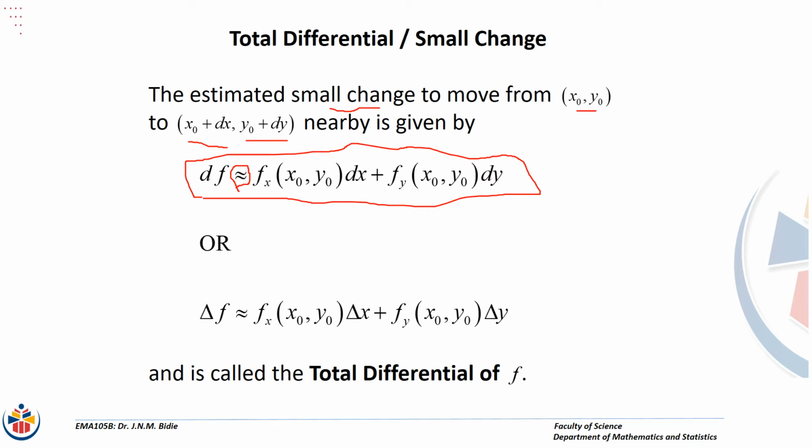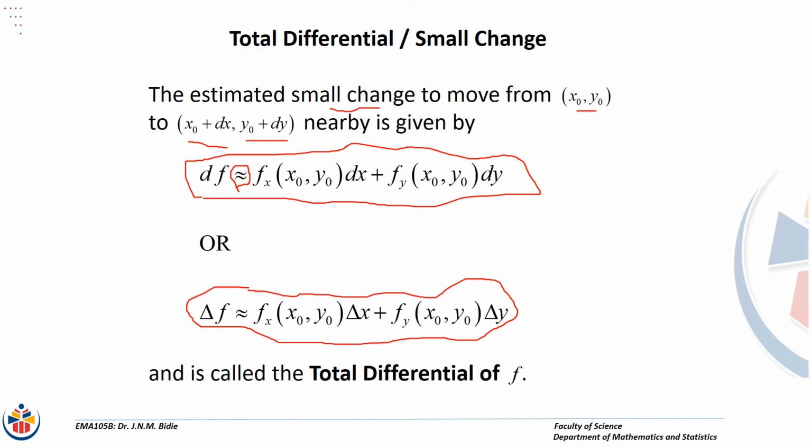So df is approximately equal to fx at that point multiplied by dx plus fy at that point multiplied by dy. This could be rewritten with d changed to delta. So you'll find in other textbooks and in other notes, they are not using dx, df, or dy.